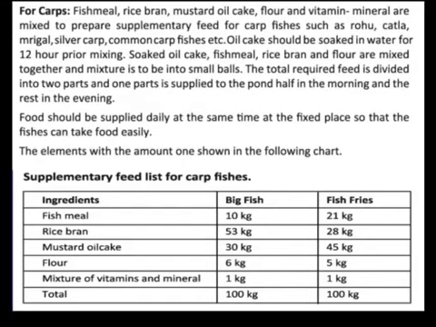Mustard oil cake 30 kg, and 45 kg for young fishes. Flour 6 kg, and for young fishes 5 kg. Mixture of vitamin and mineral 1 kg for big fishes and 1 kg for fish fries. In total we'll have to apply 100 kg for big fishes and 100 kg for small fishes.